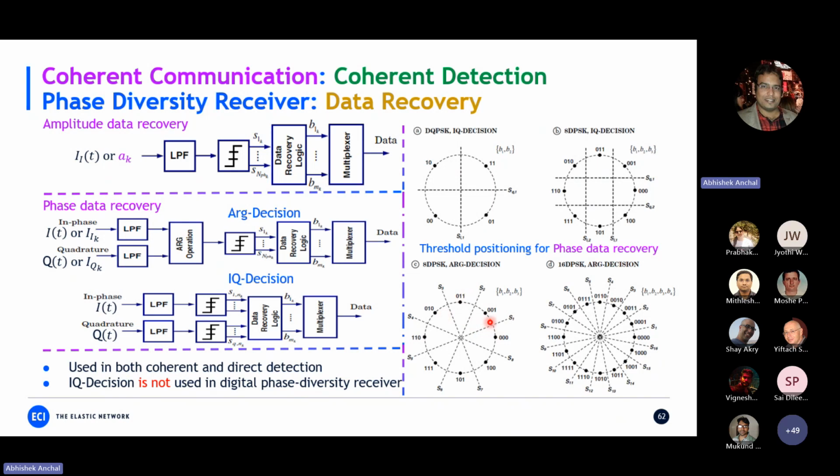Of course, there is a lot of noise present even after this, so sometimes you miss. Sometimes you detect this one while the bits were that, so you get bit error. But at the end of all the processing, they always need to use data recovery. They need to convert intensity information to intensity current, phase information to phase current, and then apply the decision circuitry to get back to the bit level.